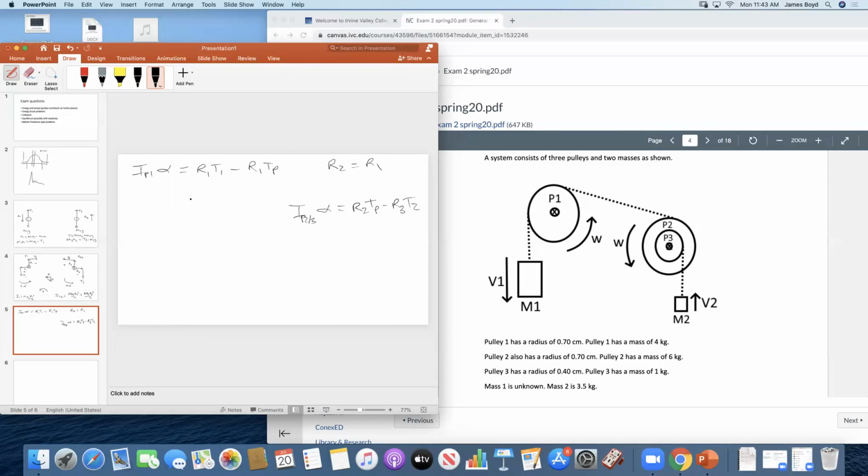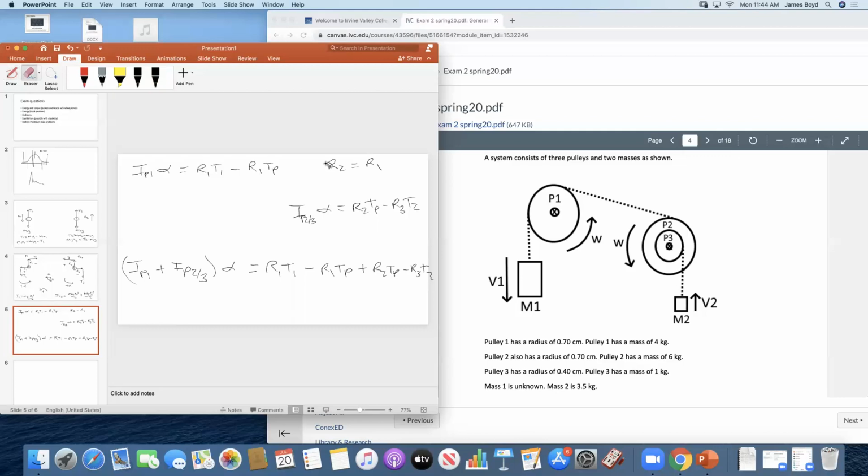And we can just add these two equations, and what do you get? You get IP1 plus IP23 times alpha, because the alphas are the same since they're connected at the edge. And I'll leave that the same. If I look at this, I get R1T1 minus R1TP plus R2TP minus R3T2.